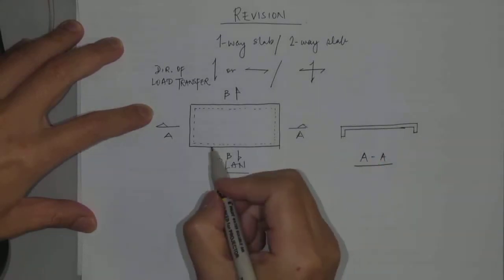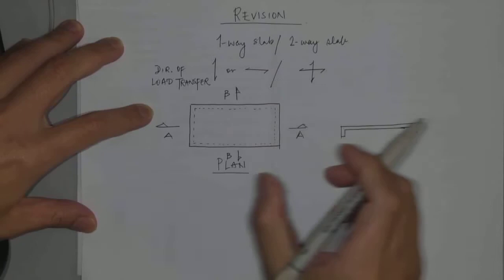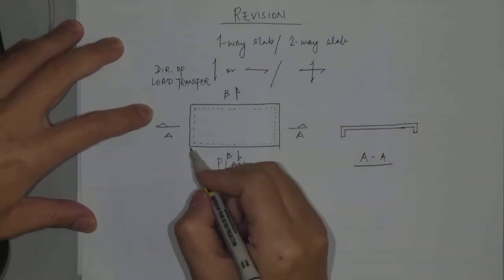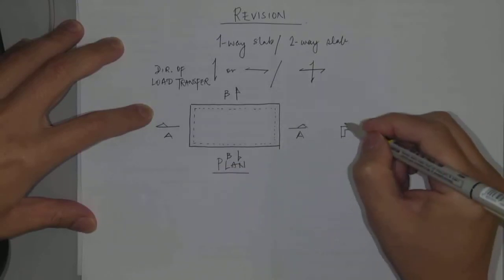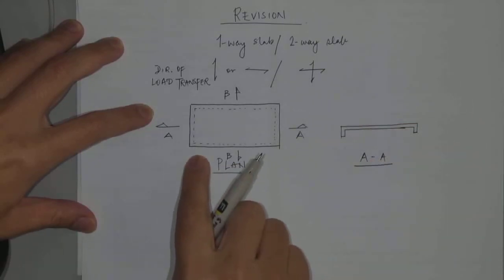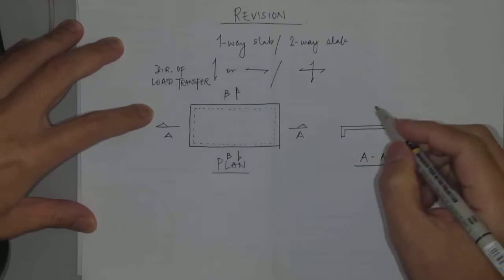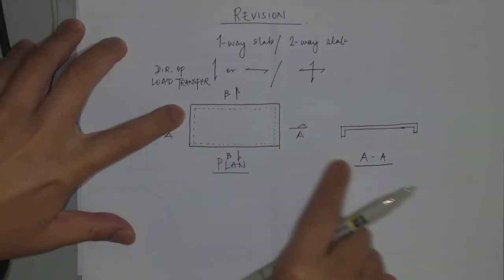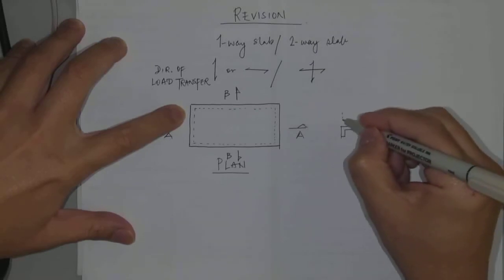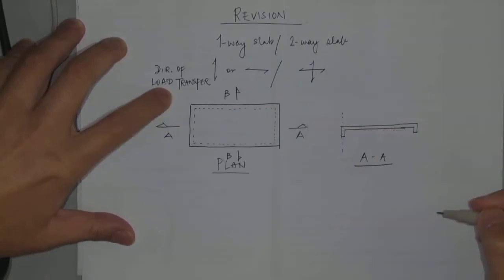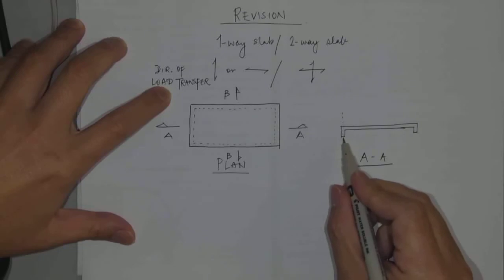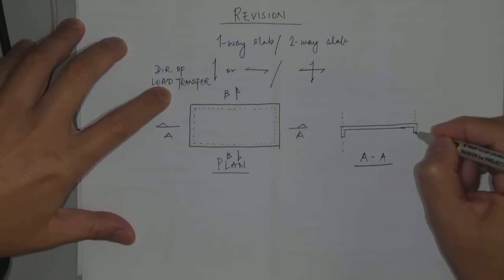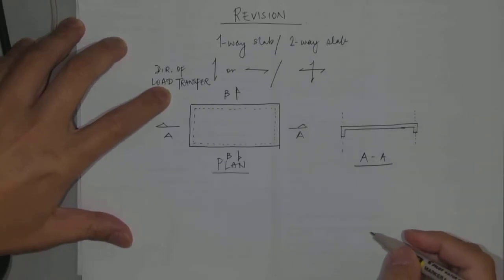Then I define the length or the span of the slab. To define this span, you don't measure from edge to edge. You measure from the center line of the support. So along section AA, those two beams are the supports. On the cross section, this is the center line of the left beam, and that's the center line of the right beam.